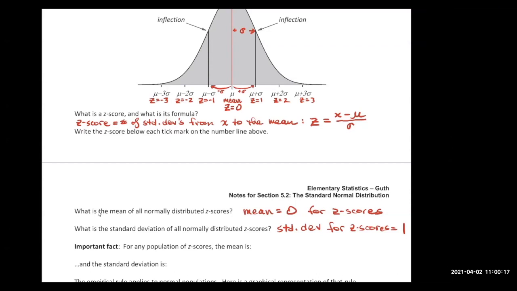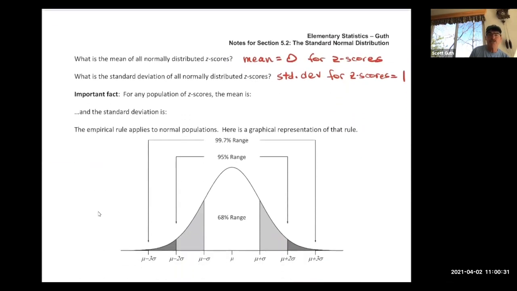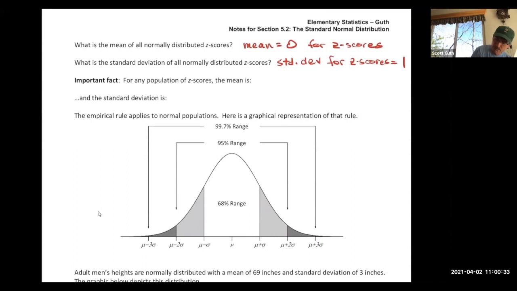So that's why it's called standardizing the normal distribution. And the title of the section is the standard normal distribution. You're making them all the same. You're standardizing them. So for any population of z-scores, the mean is 0 and the standard deviation is 1.